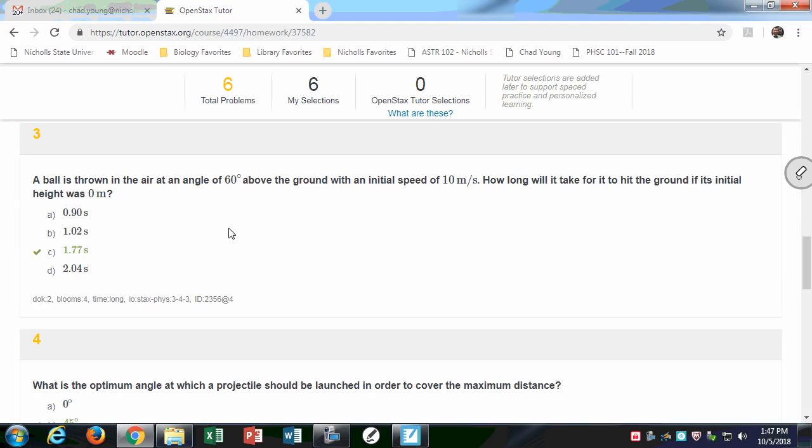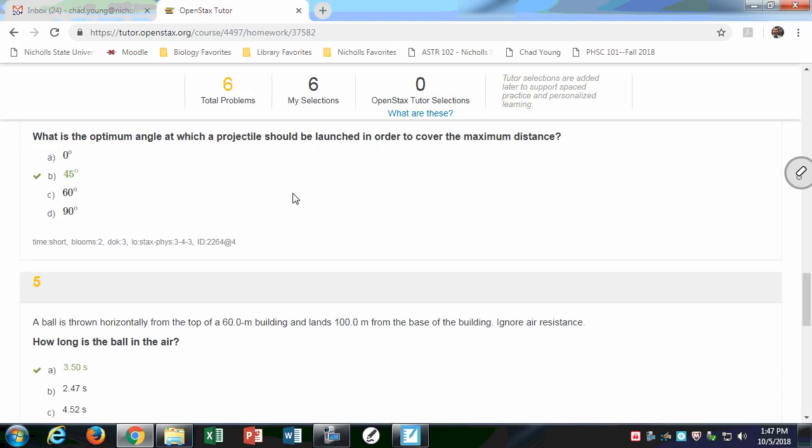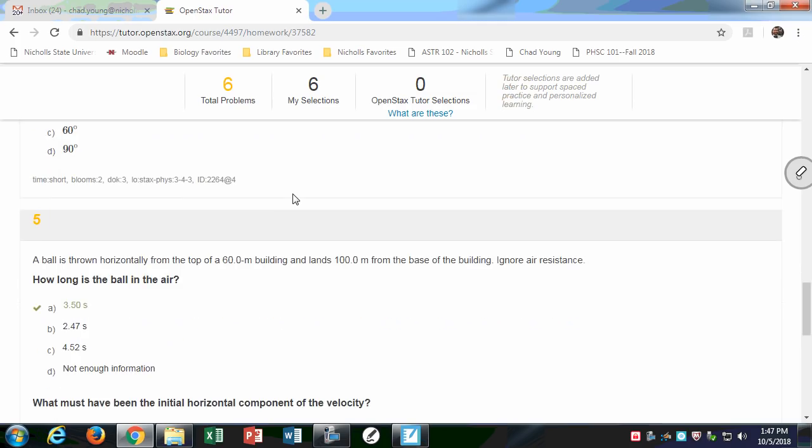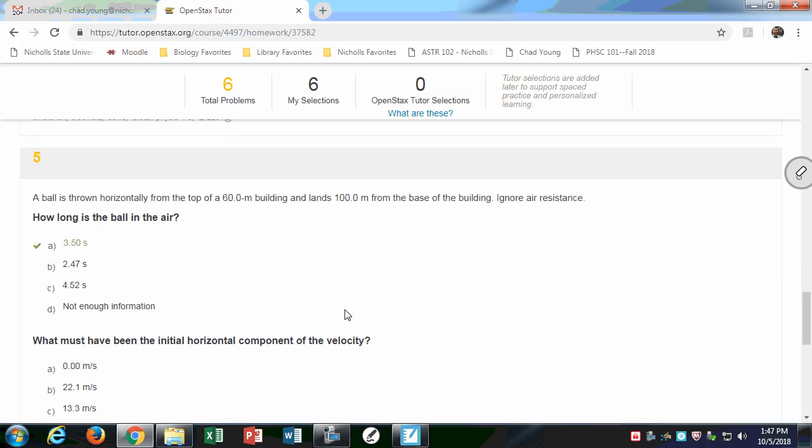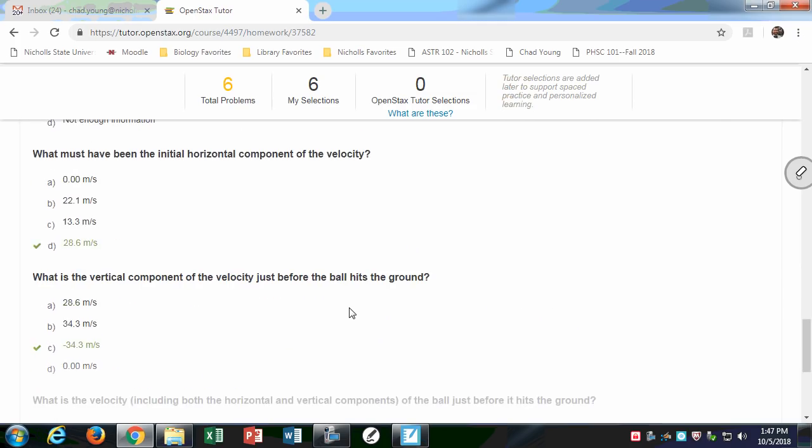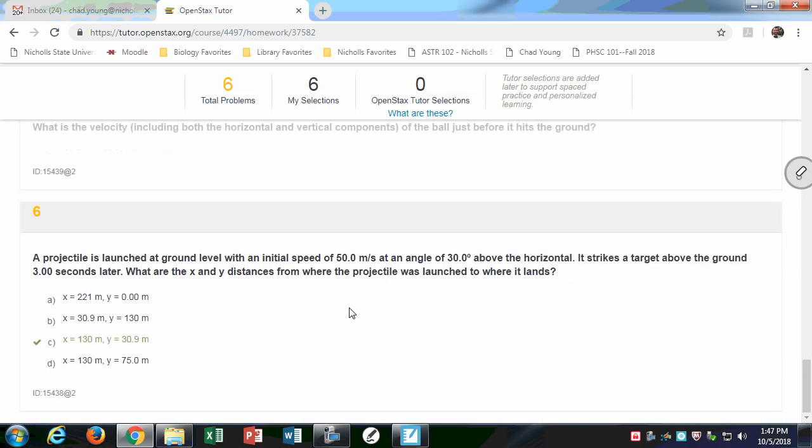This is beginning and ending at the same height. This is just a 45, a horizontal. This is like one that I worked today where you're starting here and you're landing somewhere up here, but I give you the time.